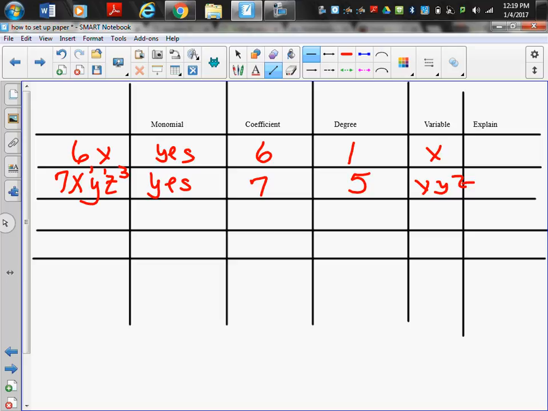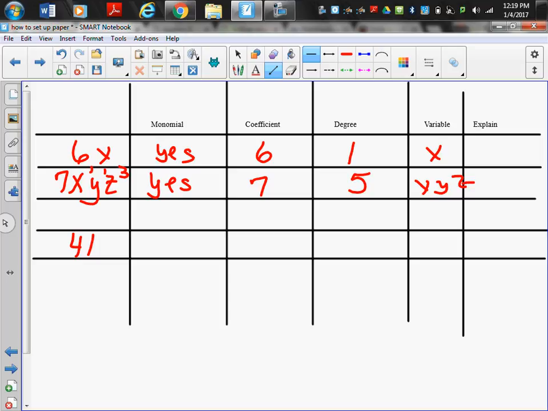So what about this one? 41. Is it a monomial? No. Could I write this with a variable? Yes.